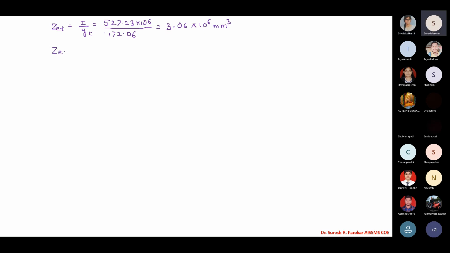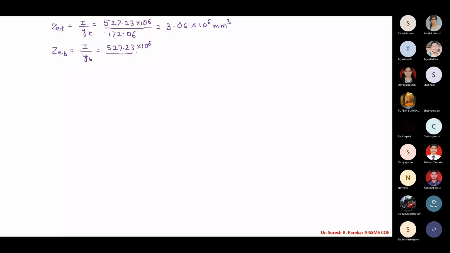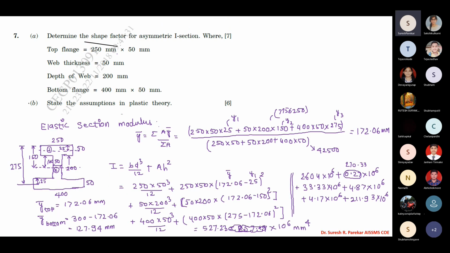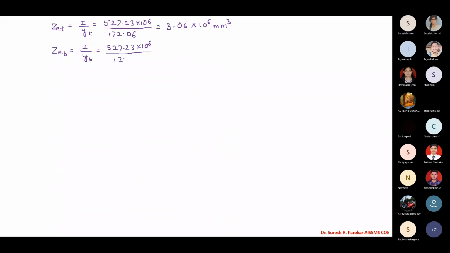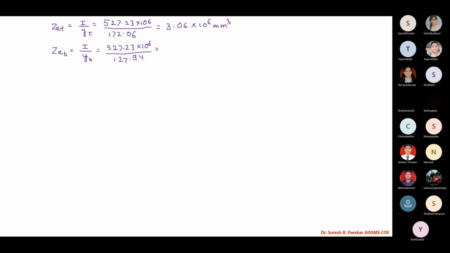Yes, sir. And ZE bottom, I by Y bottom, 527.23 into 10 raised to 6 divided by 127.94, point 12 into 10 raised to 6, which will be ZE value, minimum or maximum?